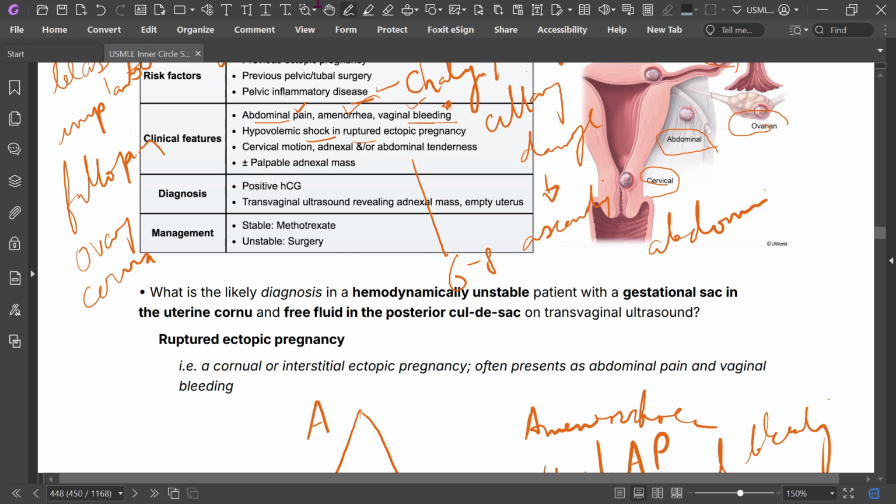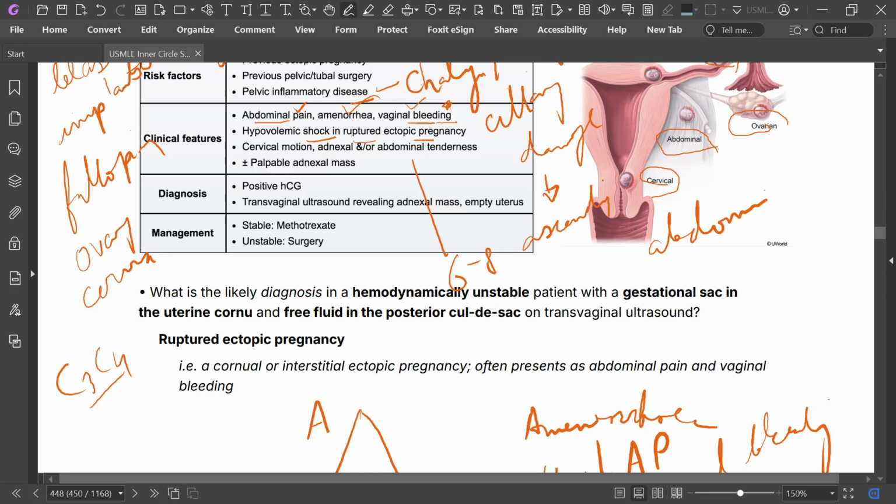A patient with a ruptured pregnancy can come with severe abdominal pain, hemodynamic instability, and shoulder pain. One important point is shoulder pain due to referred pain from diaphragmatic irritation, because the diaphragm has a nerve supply of C3, C4, and the shoulder has the same dermatome, C3, C4. So referred pain can happen from diaphragmatic irritation by intraperitoneal fluid.